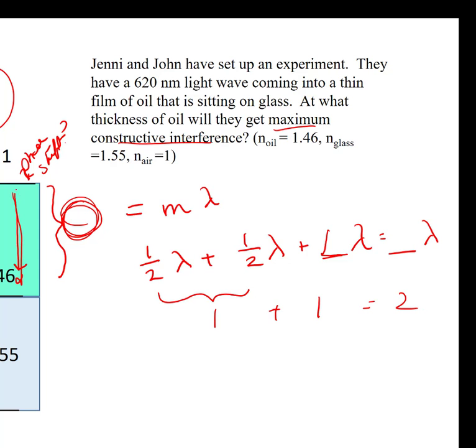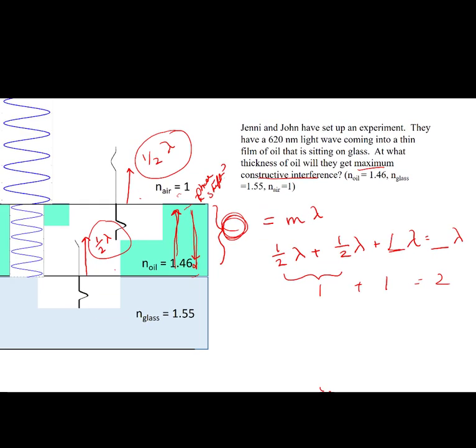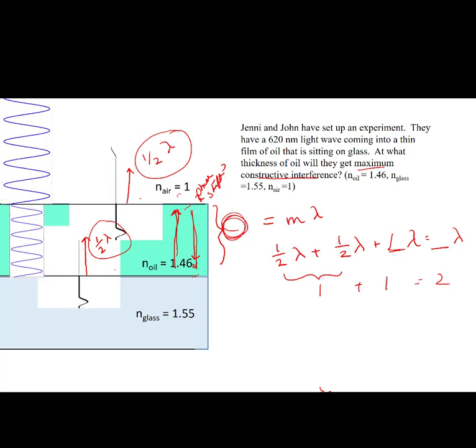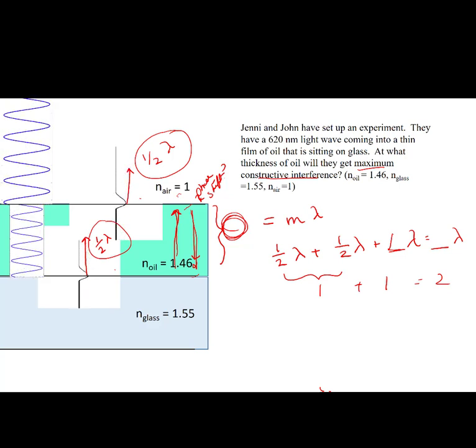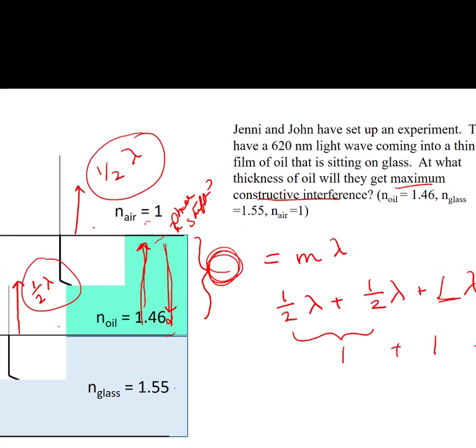So as it travels from the top of the thin film to the bottom and then back up, it can go through one wavelength or one cycle. So it's got to go down and back up. So it can go through one cycle in the down and up. That means each direction it can only go through half of a cycle, right?